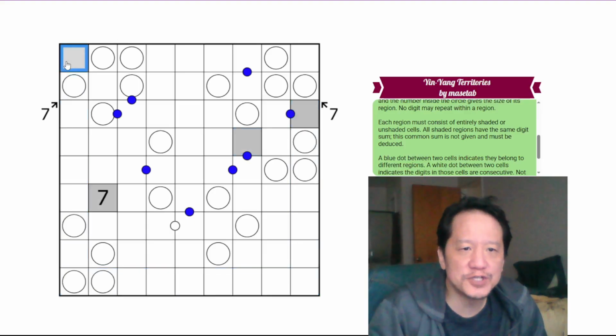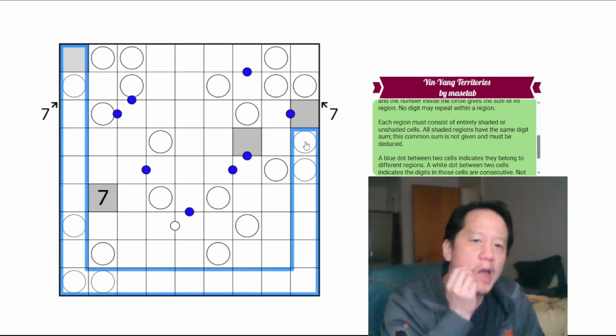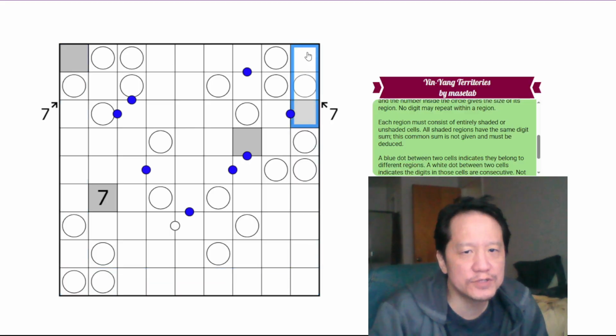Again, we can have shading going this way, at least, or this way, at least. If it goes this way, that's interesting. So I'm going to be marking it gray, I guess, because these are all gray already. What does that mean? Okay, so first of all, let's mark in all the boundaries of regions.